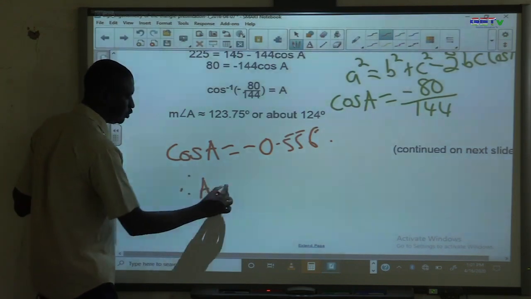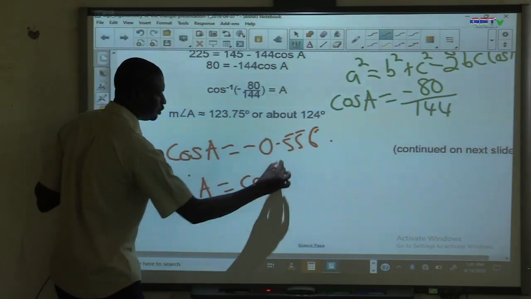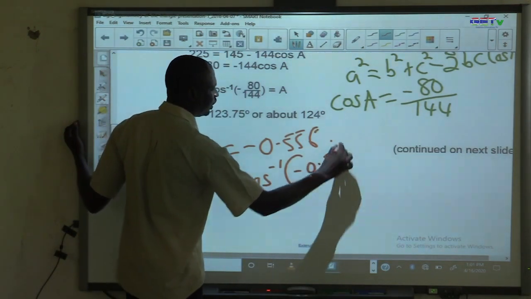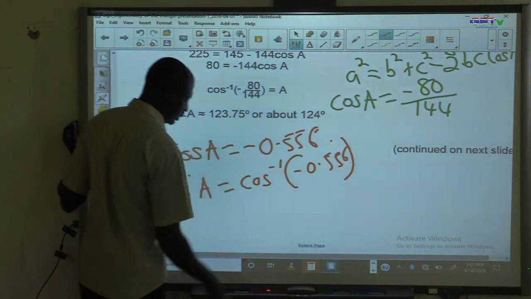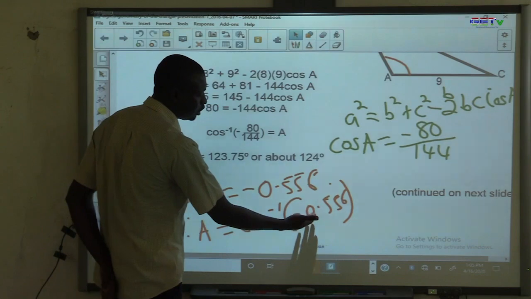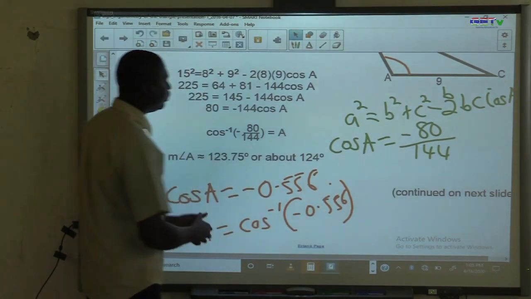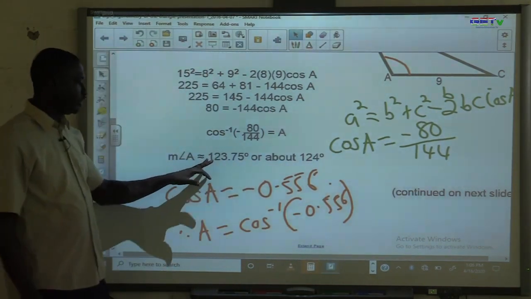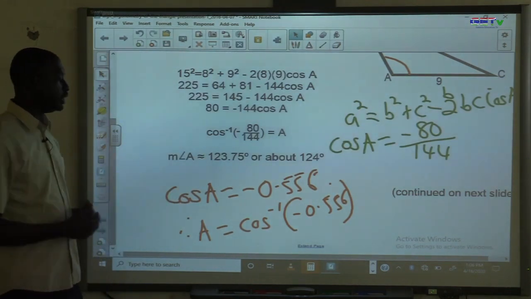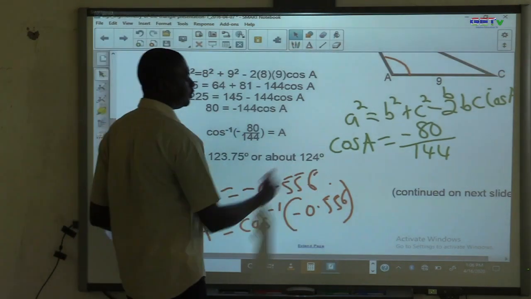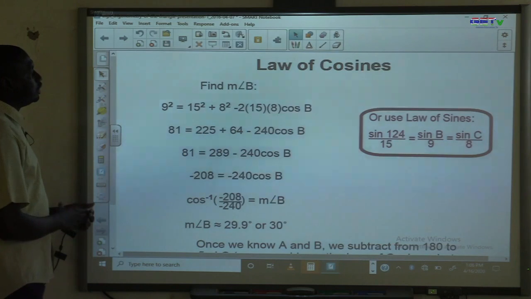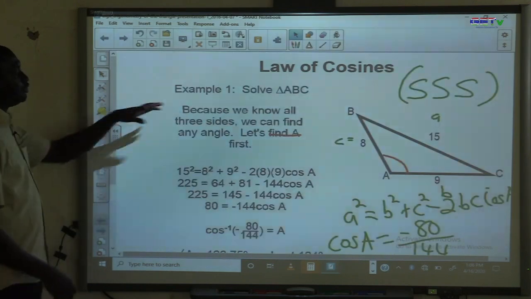Therefore, A will be equal to cos inverse of negative 0.556. Yeah, cos inverse of minus 0.556 will automatically give us this value that we have there, 123.75, which is approximately 124 degrees. That is when we are solving for angle A there.